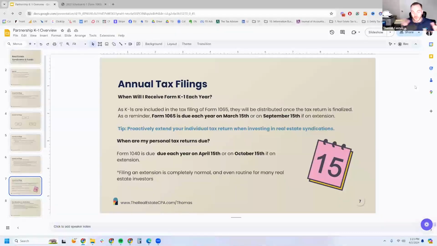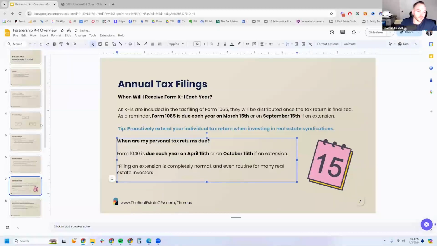This is typically important if you are, say, a self-employed individual, so you might be paying your own taxes and have your own quarterly tax estimates, and if you expect to have positive income or a gain on sale from the partnership. In other words, if you're expecting income and not a tax loss, this is something you may want to have a conversation with your CPA or tax preparer about. But it's typically a relatively straightforward process.